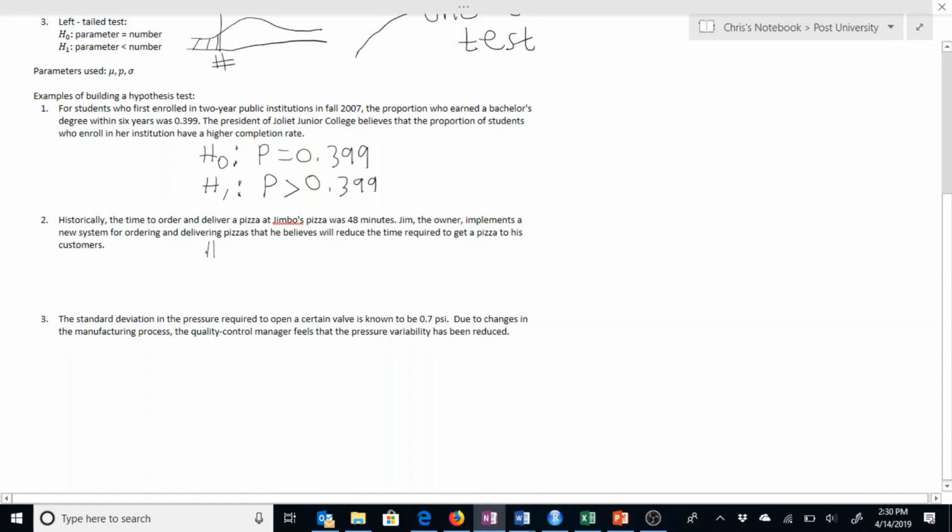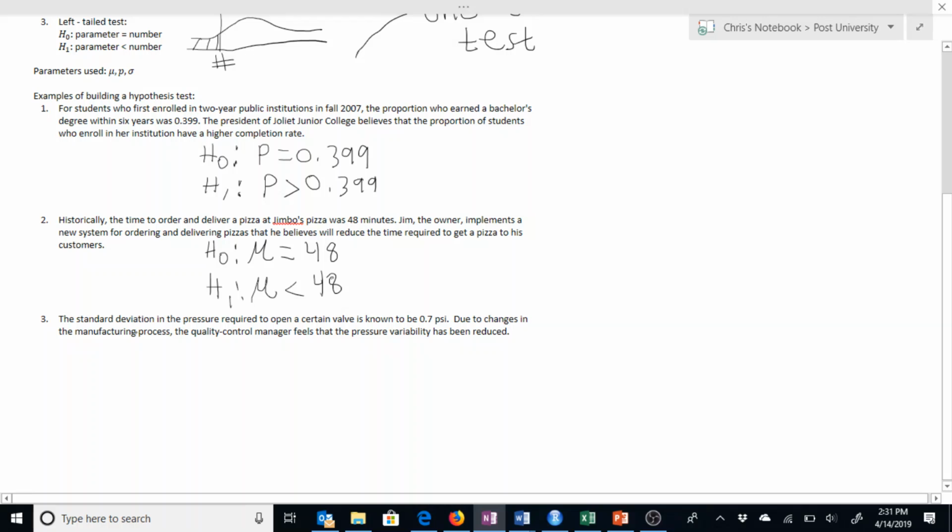So the null hypothesis is that mu would be equal to 48 minutes. And then the alternative hypothesis is that the mean, he wants to reduce it, is less than 48, that the mean is less than 48.